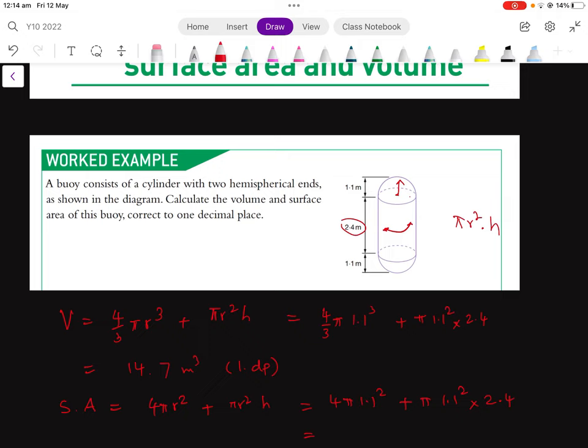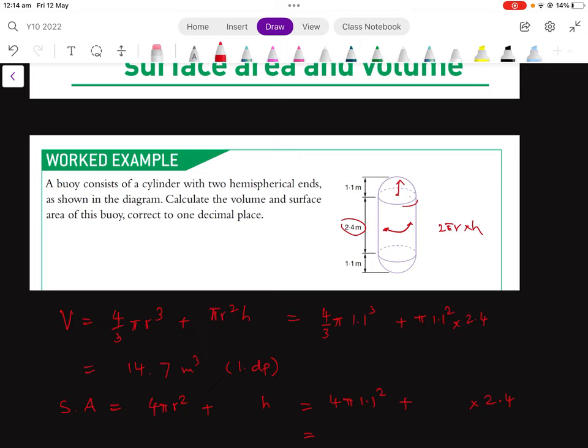I'll put it in the calculator for you. 4 pi 1.1 square plus 2 pi r. Sorry, why did I say pi r square h? This is not correct. This is 2 pi r. I'm so sorry. The net will be 2 pi r into h. So this one is 2 pi r h.